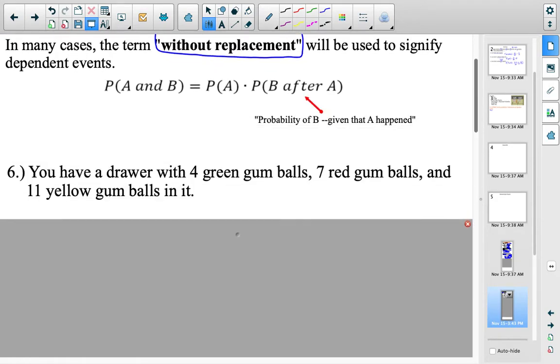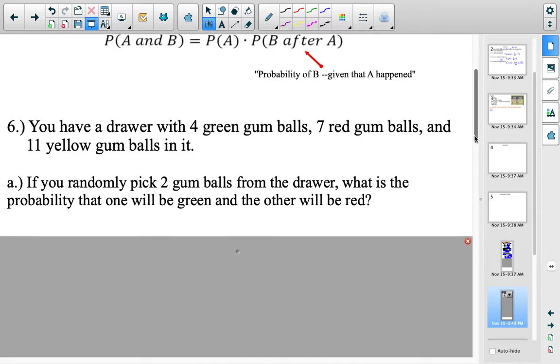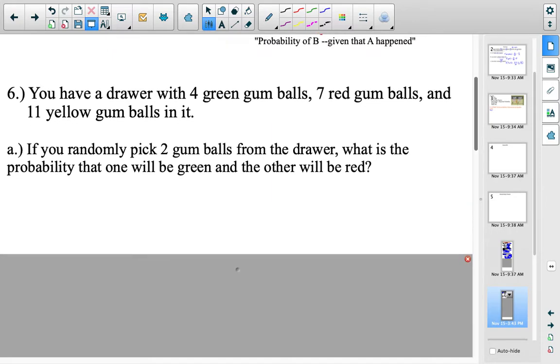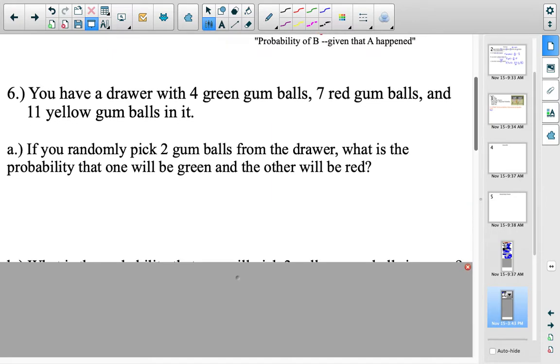Okay, so now you have a drawer with 4 green gumballs, 7 red gumballs, and 11 yellow gumballs. Remember, see our total, that's 4 plus 7 plus 11. We got 22 gumballs.